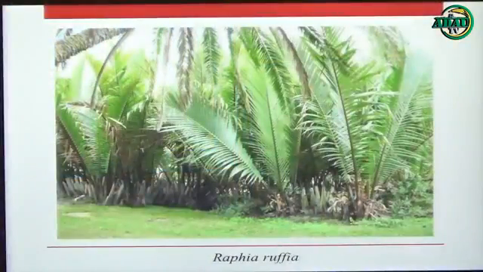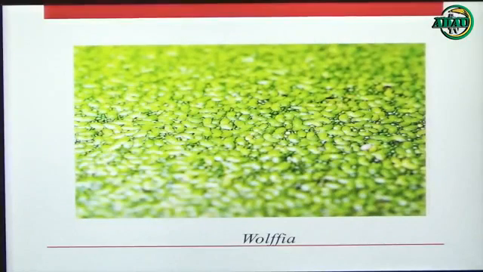They may grow to more than 20 meters in length. And also Wolffia. Wolffia is the smallest plant on the planet, and its leaves are very small: 16 leaves of Wolffia laid end to end are 2.5 centimeters in length, the smallest plant on the planet.